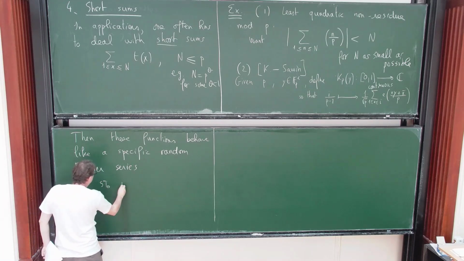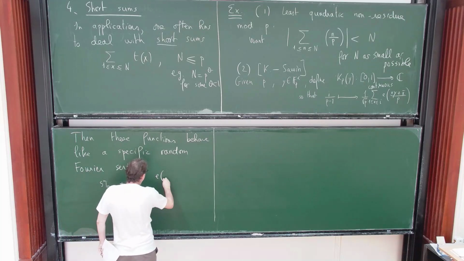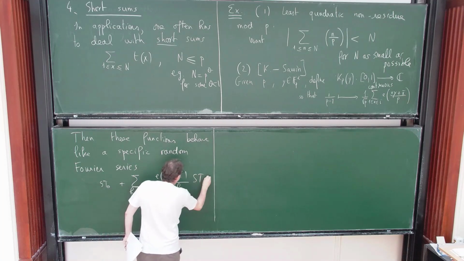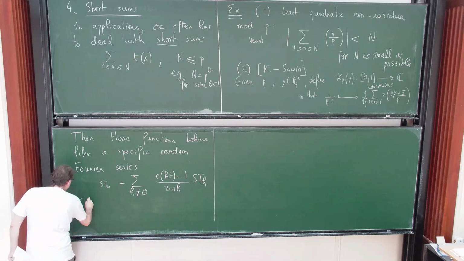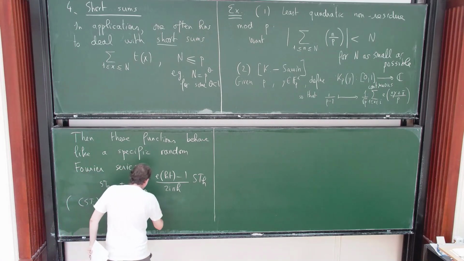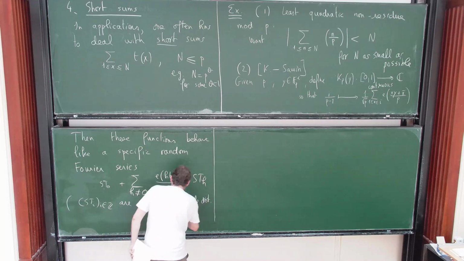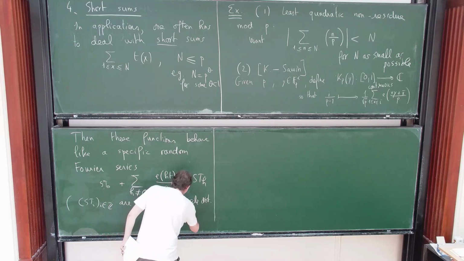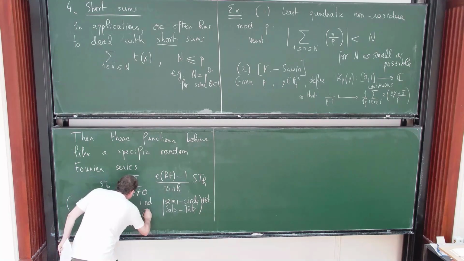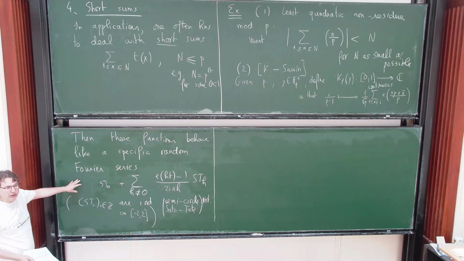So it's of the form some constant term plus the sum over h non-zero of (e(ht) minus 1) over 2 i pi h, times S_h, where all the S_h for h in Z are independent semicircle or Sato-Tate distributed, whichever you prefer, depending on your taste. Or minus 2 to 2. So it's a semicircle from minus 2 to 2. Anyway, it's not very important what it is. It's some very specific, very concrete random Fourier series.